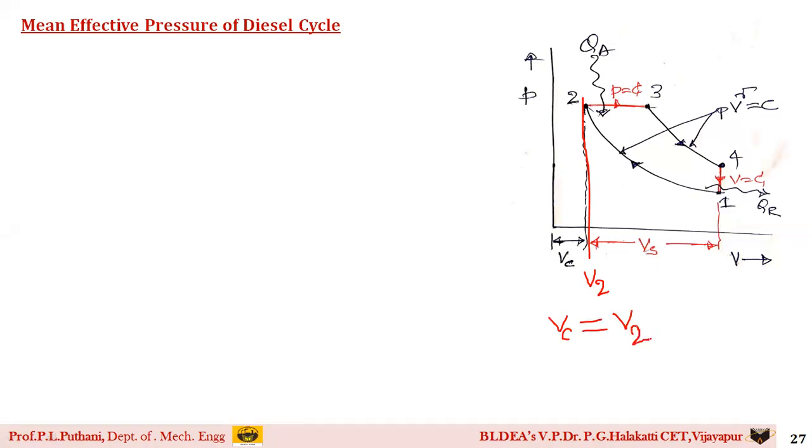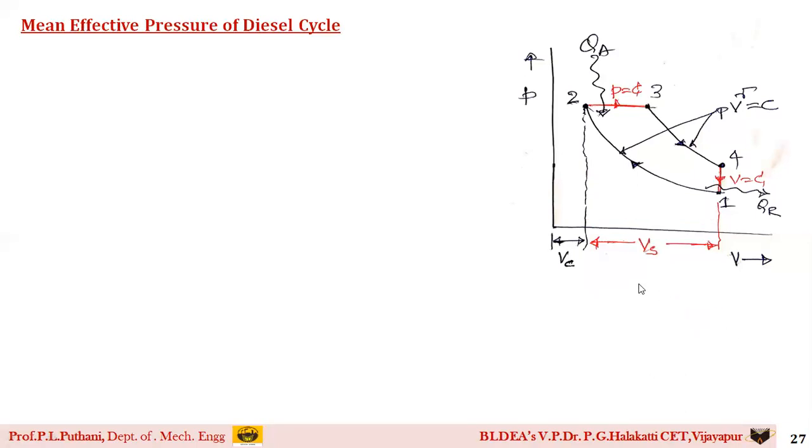As well, the distance traveled by the piston from position 1 to position 2 is termed the swept volume Vs, which means Vs is equal to V1 minus V2. With these assumptions we shall calculate the mean effective pressure of a diesel cycle.